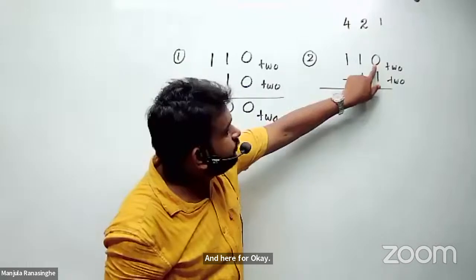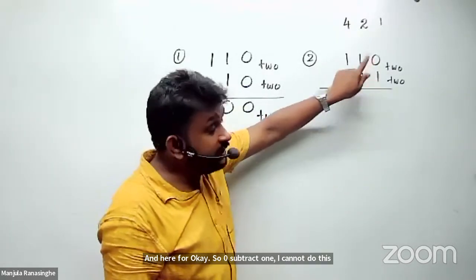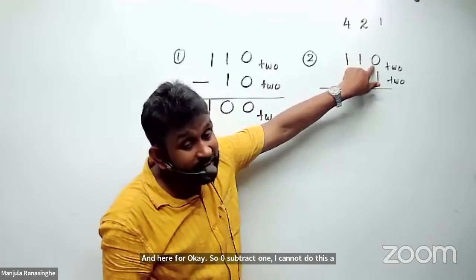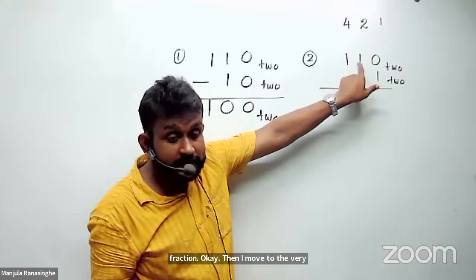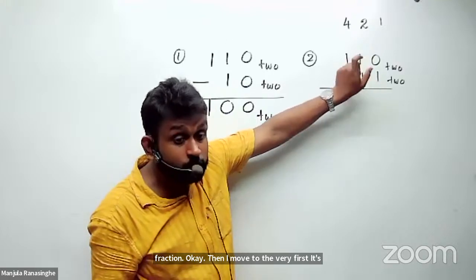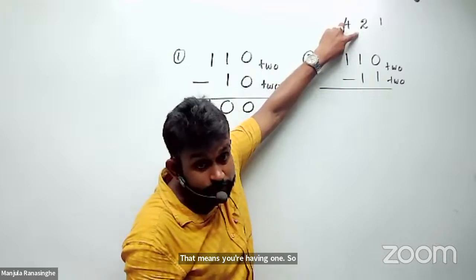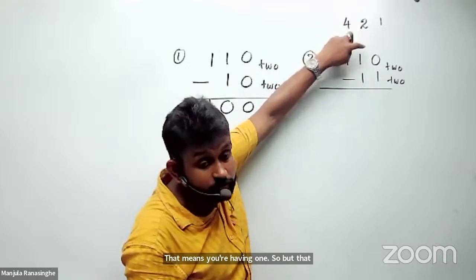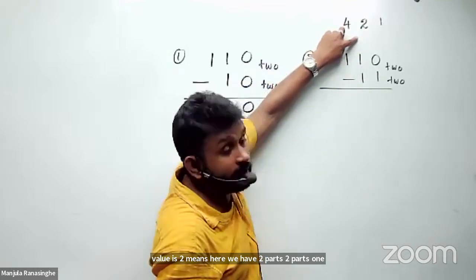So 0 subtract 1, I cannot do the subtraction. Okay. Then I move to the very first digits to the left side. That means here having 1. But that represents 2. Place value is 2 means here we have 2 parts. 2 parts 1. We have 2 parts.